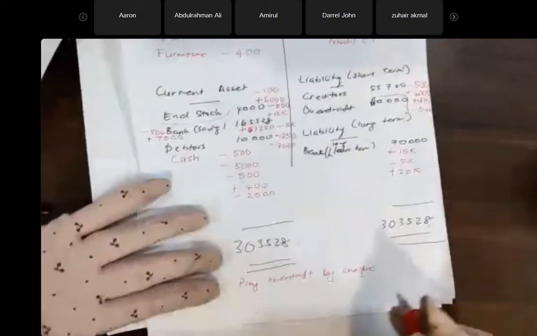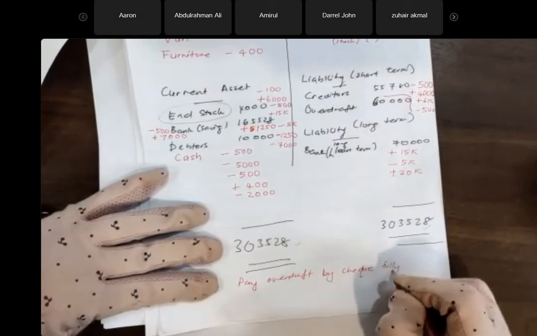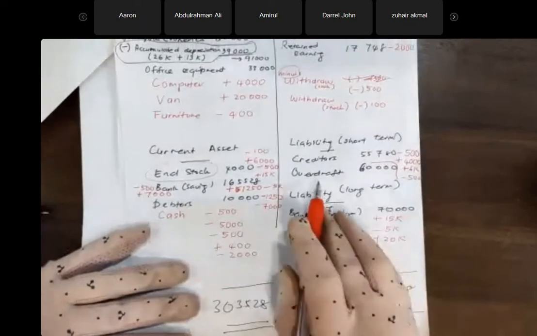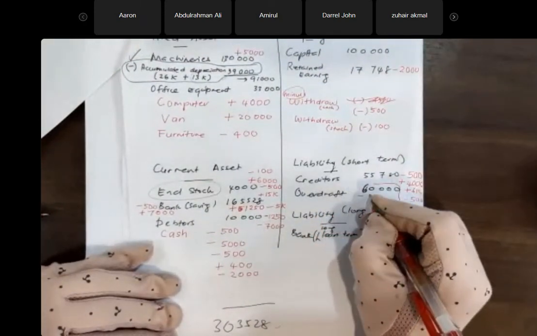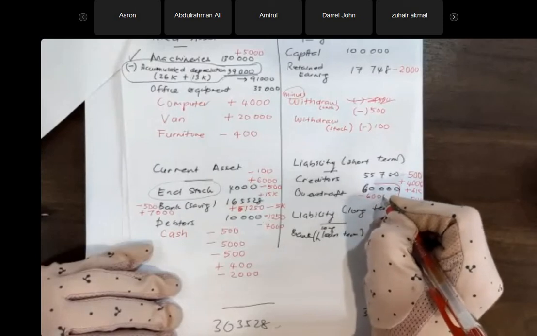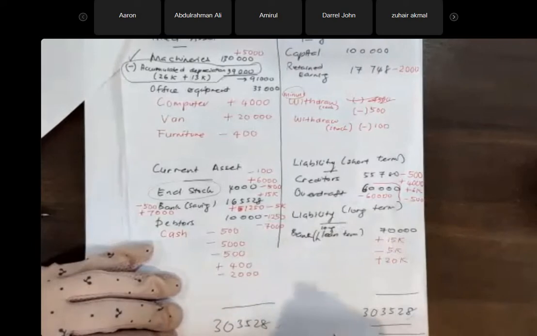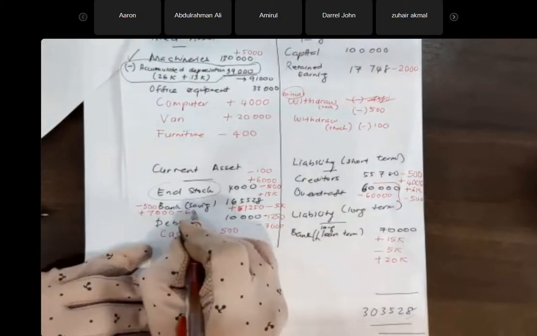That means you don't want to have the overdraft here. So you want to minus 60,000 by check. So here bank, you minus 60,000.